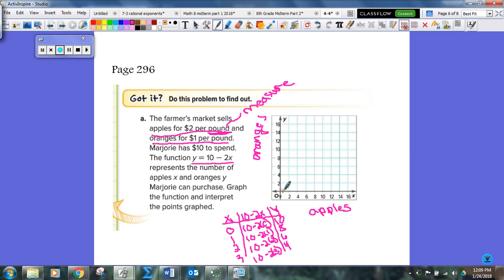So I plot that. 0, 10. 1 was 8, so I have to approximate that. 2 is 6. 3 is 4. And if I keep going, 4 is 2.